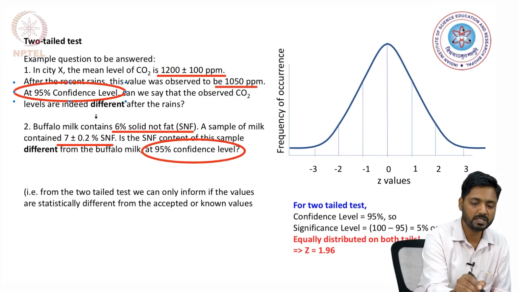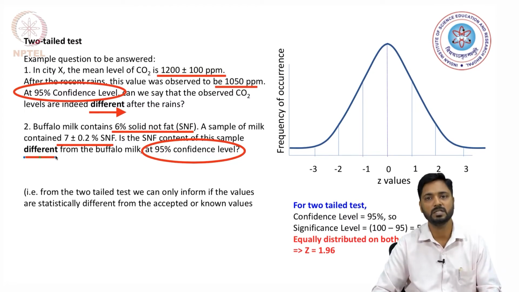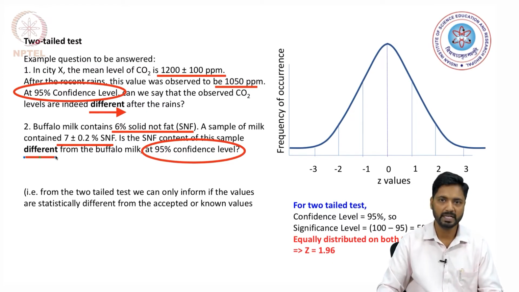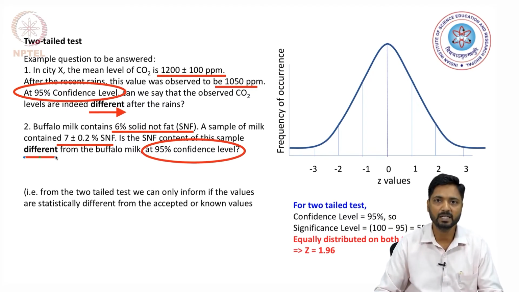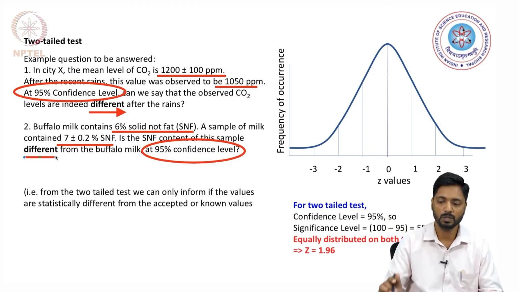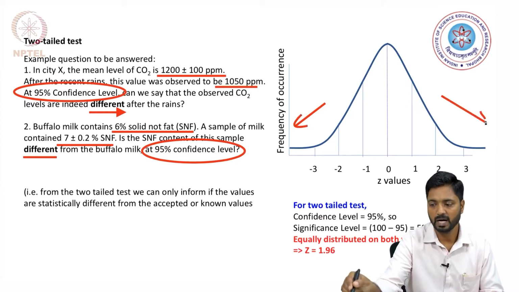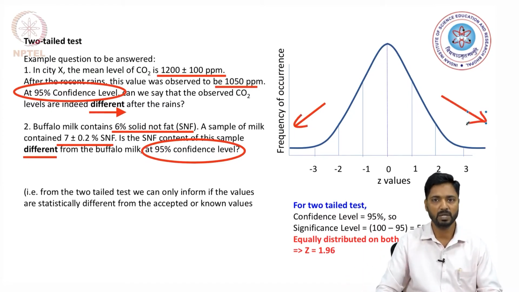In those cases, our question is only to address whether these numbers are different or not. In such cases we will apply the two-tailed test, because a reading can be either lower or higher than the mean value of a certain population.